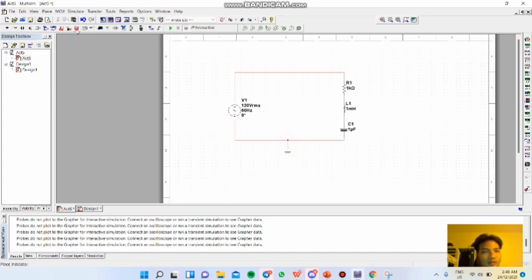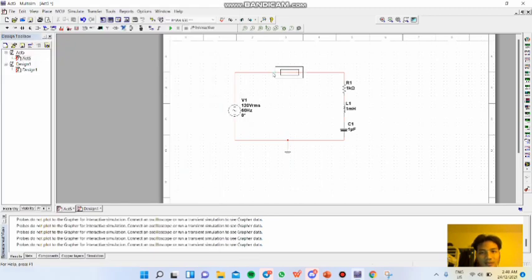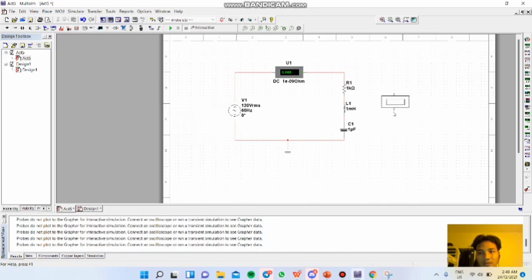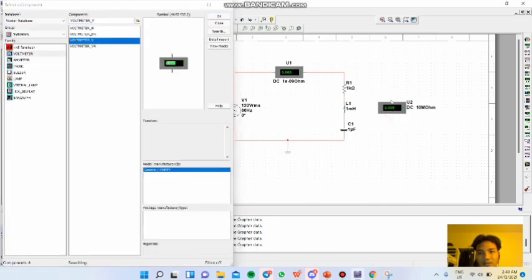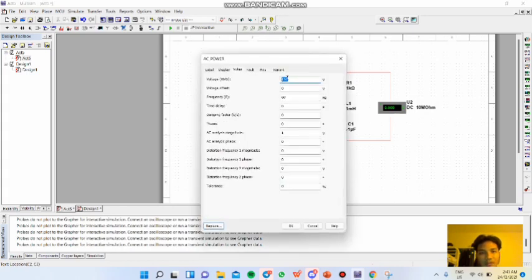Next we need to connect the indicators. We use an ammeter, so the ammeter must be connected in series, while the voltmeter is connected in parallel. For the voltage source, we use 50 volt AC with 50 Hz frequency.